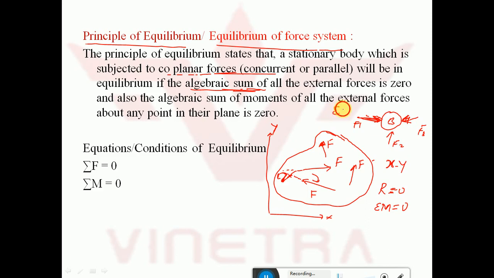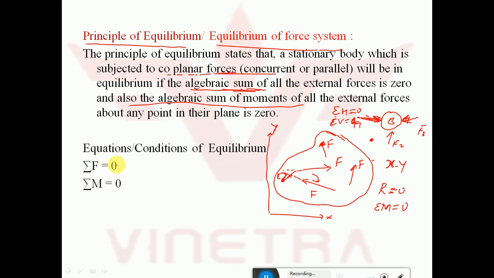That is, the algebraic sum of horizontal forces is equal to 0 and the algebraic sum of vertical forces is equal to 0. That is indicated by this sentence. And also the algebraic sum of moments of all the external forces about any point in their plane is 0. That is, about this plane, if I choose any point, and the algebraic sum of all the moments produced by all these forces becomes 0, then it is called the principle of equilibrium.